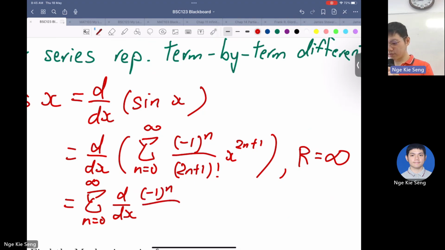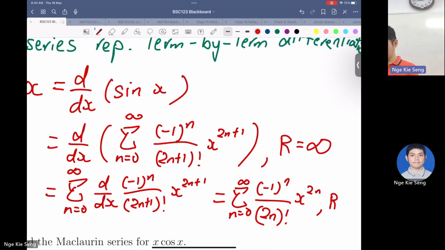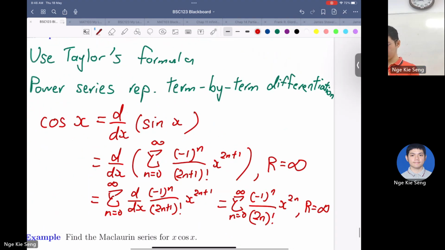This is only true because of our theorem. So I differentiate this. What you get should be just (minus 1) to the power n over 2n factorial times x to the 2n. And the radius of convergence is still infinity.